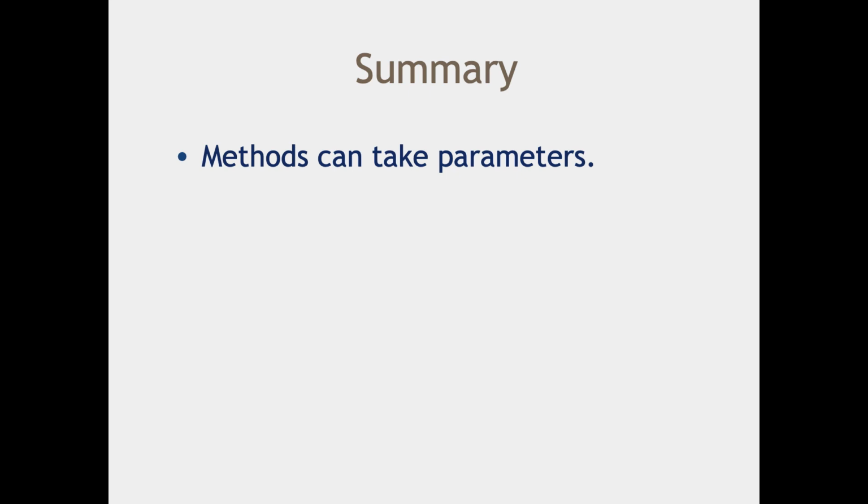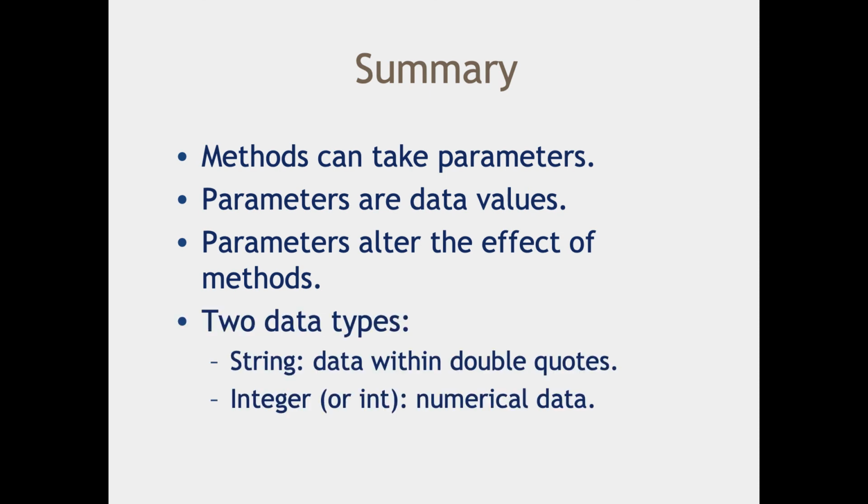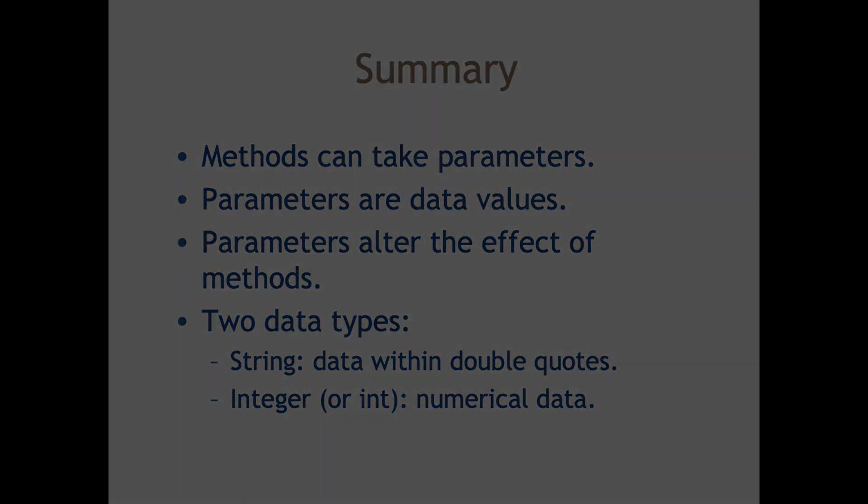Methods can take parameters, and parameters are data values. Parameters alter the effect of methods. And we've seen two data types so far: string, which is data that we write within a pair of double quotes, or integer, or int, which is numerical data.